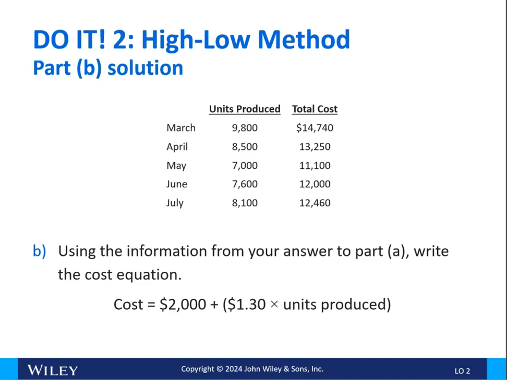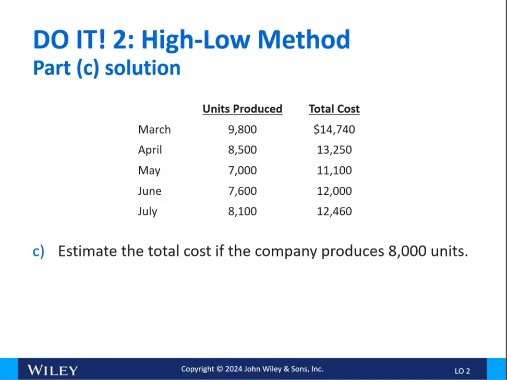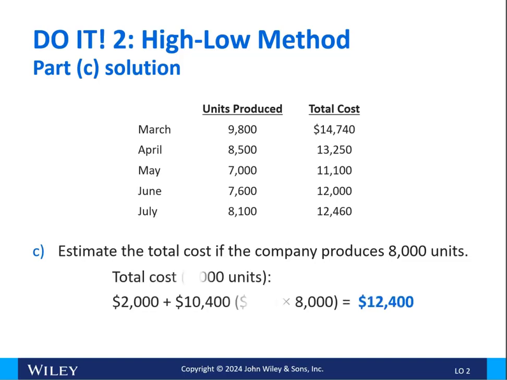Now that we have that information, we can estimate the total cost if the company produces 8,000 units, which is 2,000 plus 10,400, which is $1.30 per unit times 8,000 units. So $12,400 is our total cost if we produce 8,000 units.